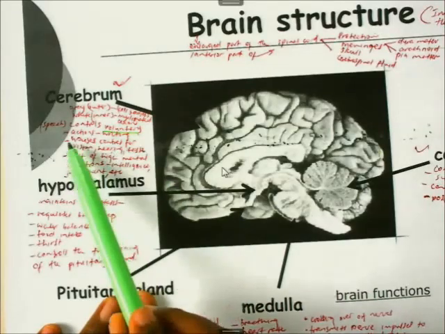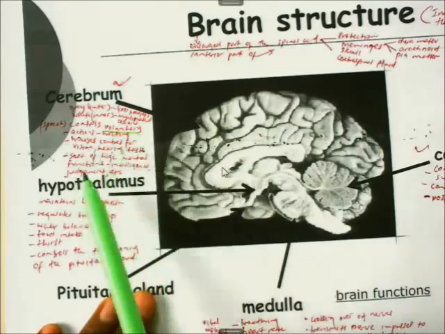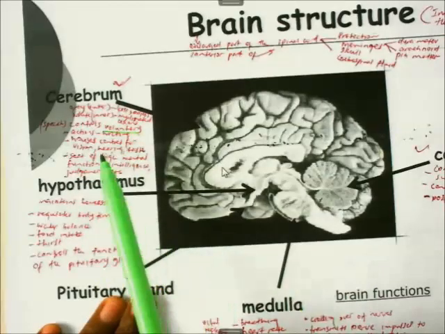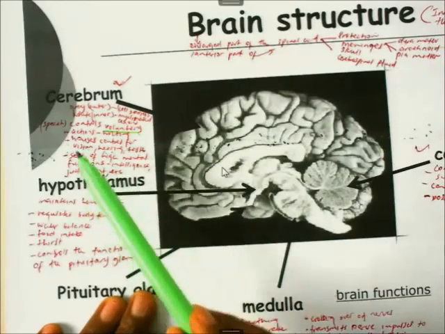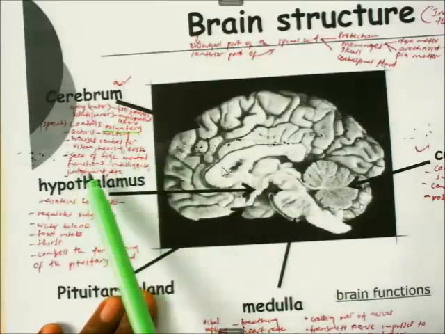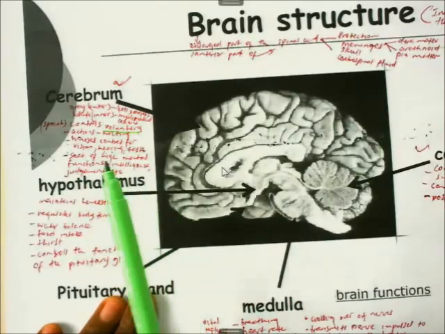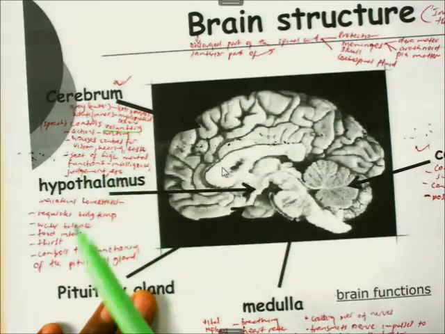Another function of the cerebrum is that it houses centers for vision, hearing, taste, and smelling. The last function of the cerebrum is that it's a seat of high mental functions such as intelligence, judgment, memory, and reasoning.